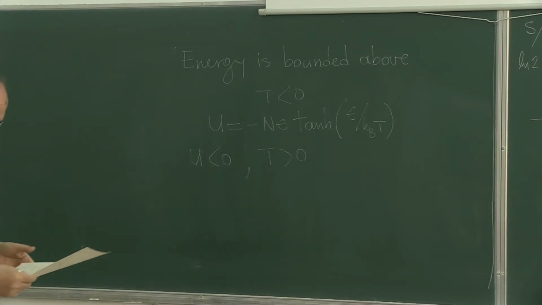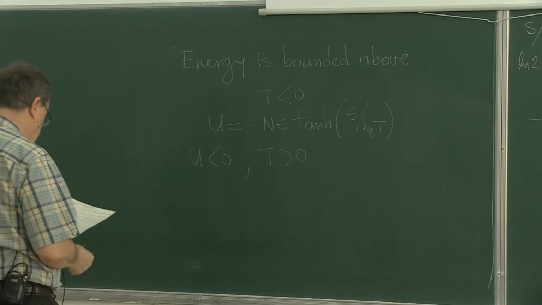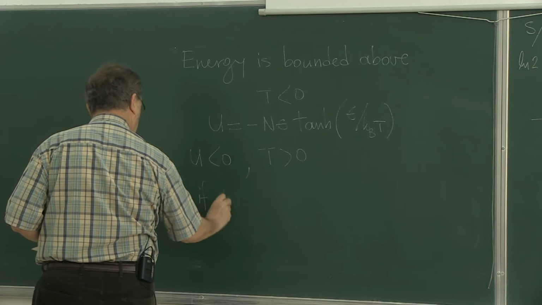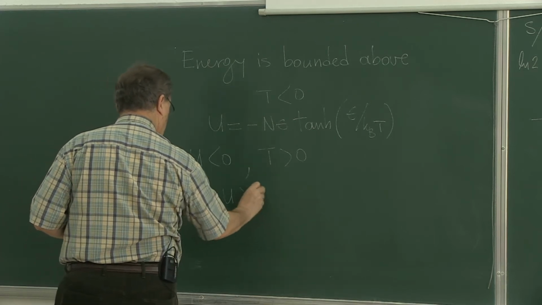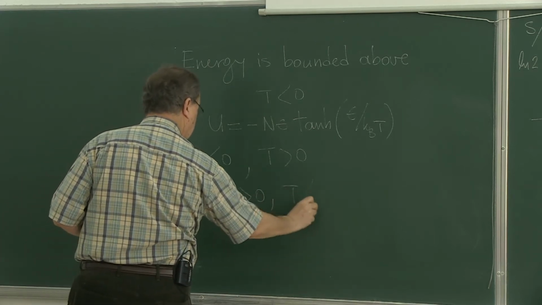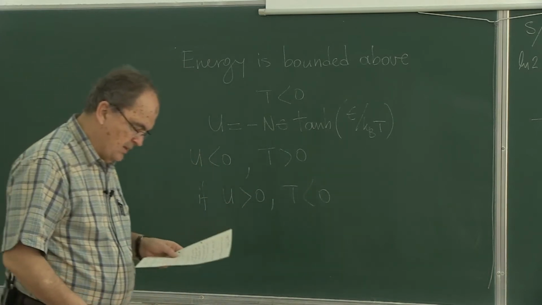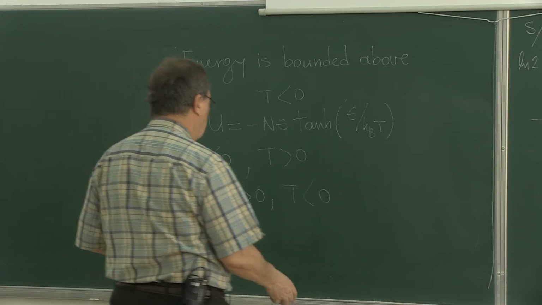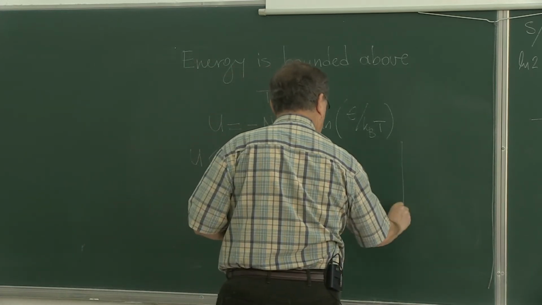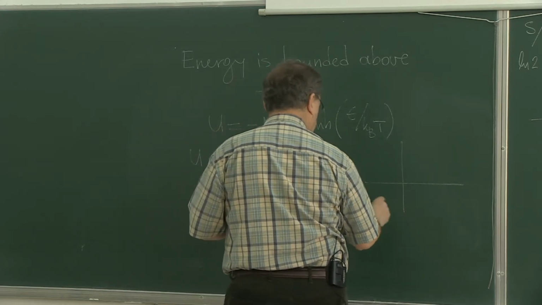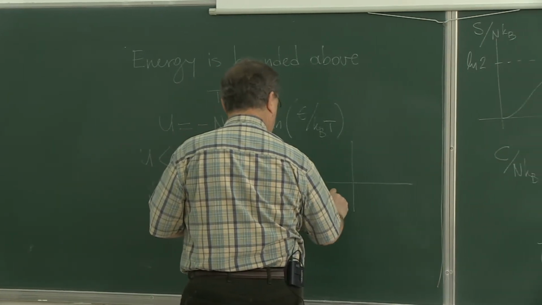But if U is positive, then there is a possibility that T is negative. Simply because tangent hyperbolic x as a function of x is something like this, isn't it?